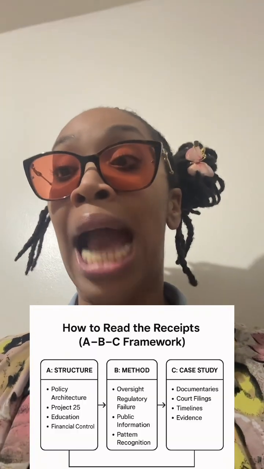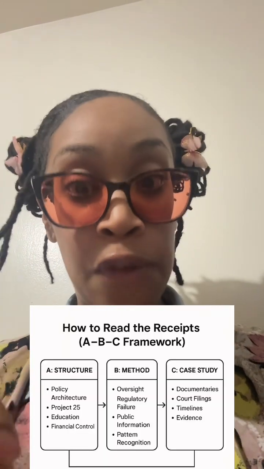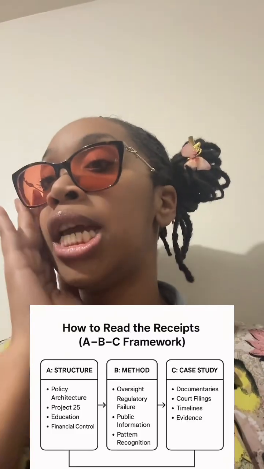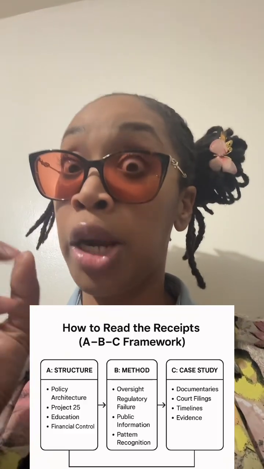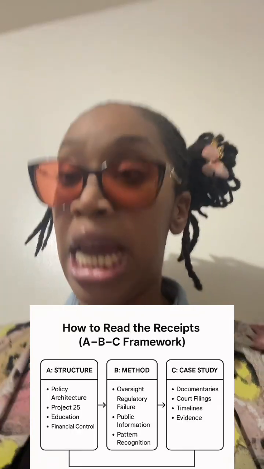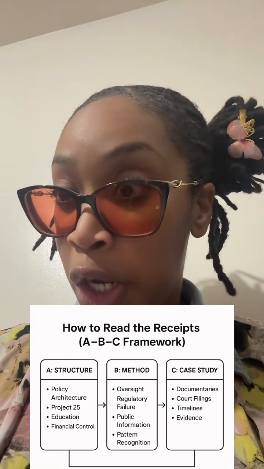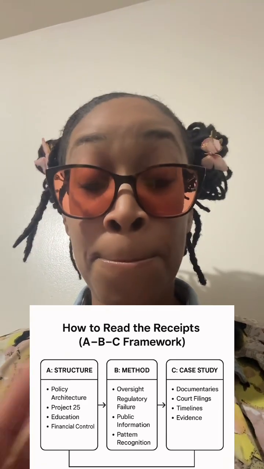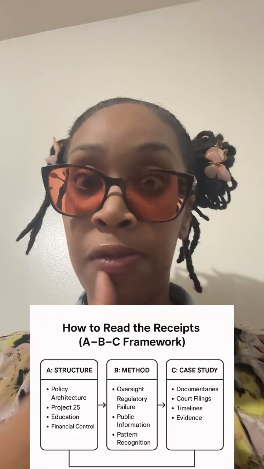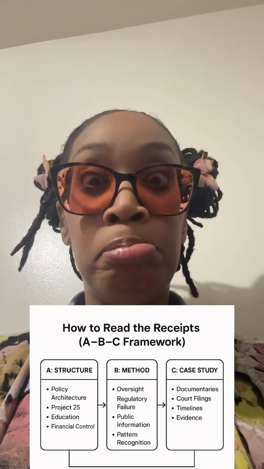Once again, public information, the operative word there. So Section B answers the question, how do we recognize failure without speculation? Which I think is a very important part of this process and why I spend time focusing on it.